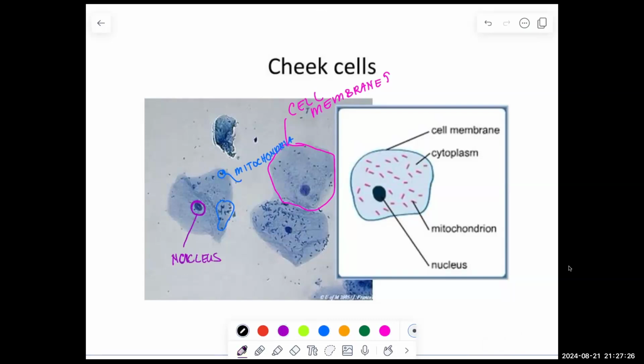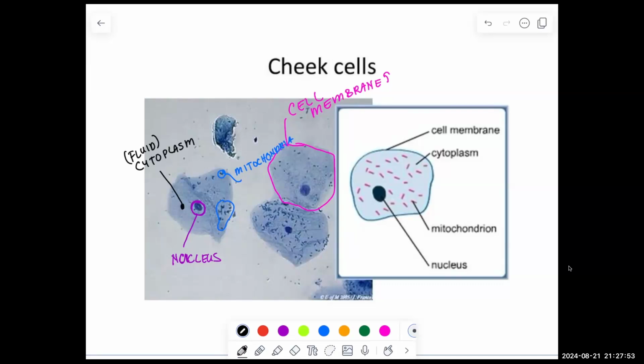And it's hard to envision, but all of this fluid inside the cell is the cyto. That literally means cell. Plasm. That literally means the fluid, the living fluid inside the cell. So the cytoplasm. And these are the major three parts that we can identify in the cell.